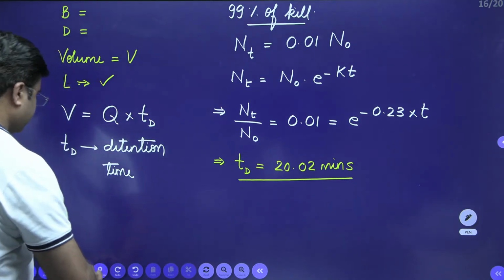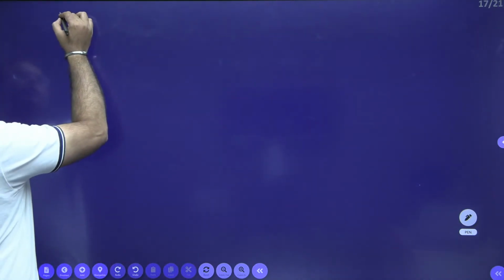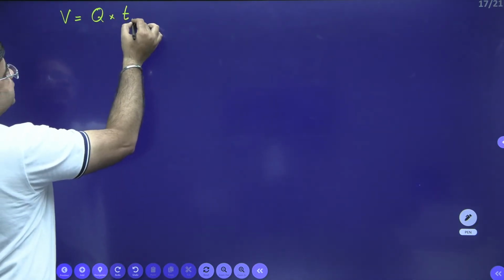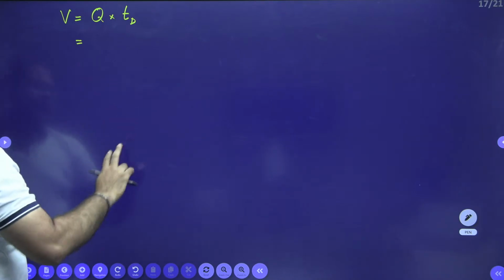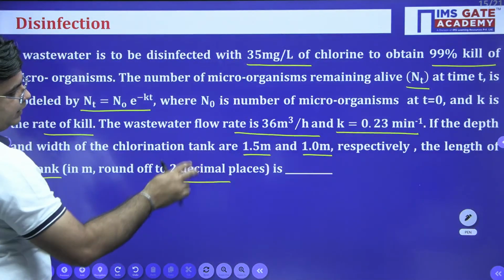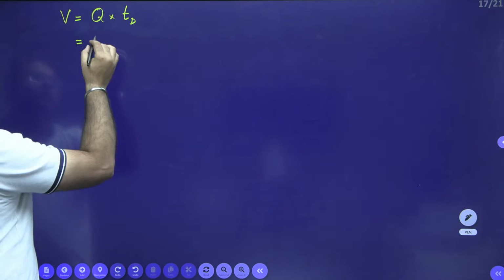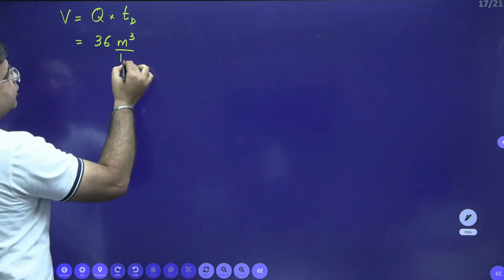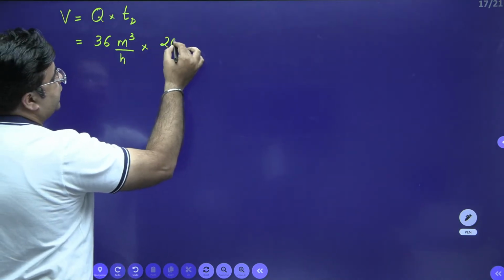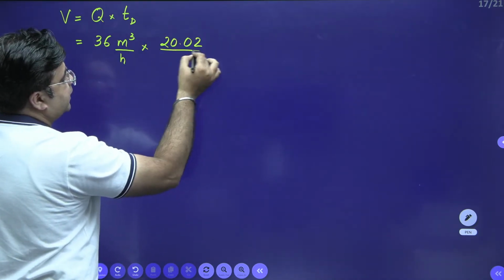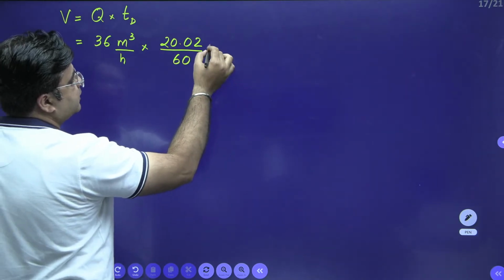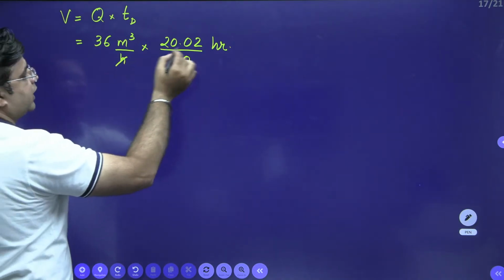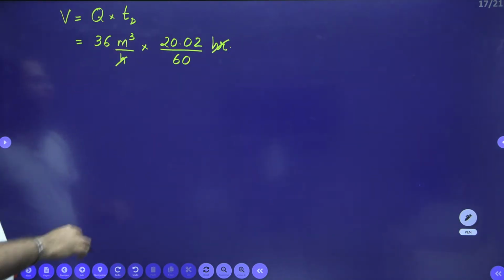So volume of the tank V is equal to discharge multiplied by the detention time. Discharge is 36 meter cube per hour. Detention time is 20.02 minutes, and converting minutes into hours, you need to divide by 60. So now this will also be in hours. This hour and this hour cancel out, and you have the volume of the tank in meter cube.